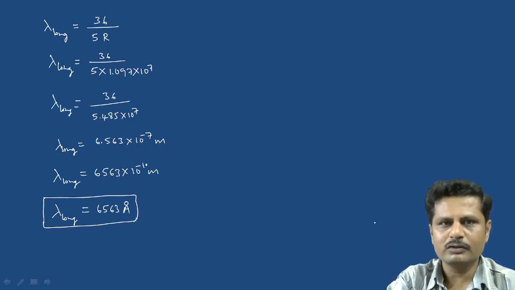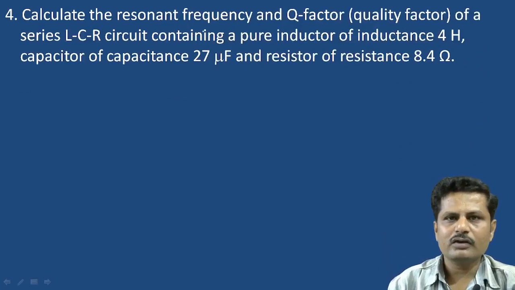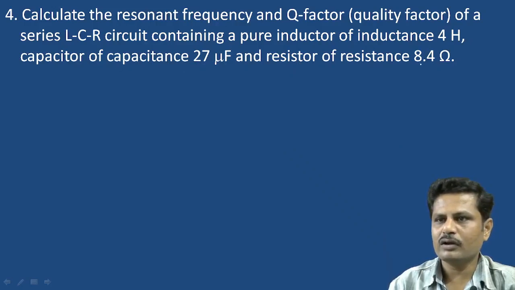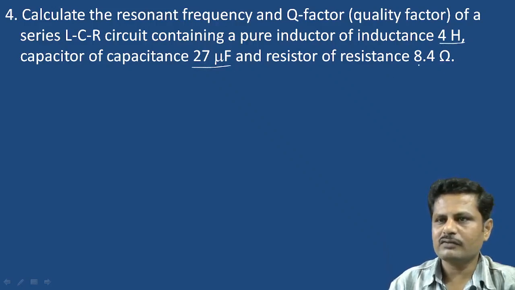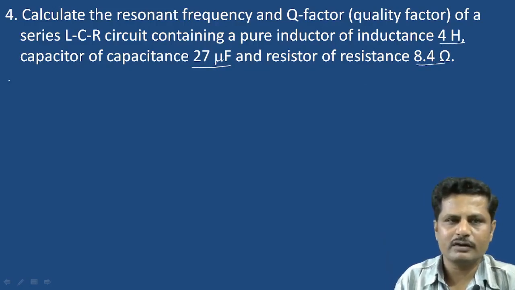Let me move to the next question: calculate the resonant frequency and Q factor of a series LCR circuit containing a pure inductor of inductance 4 Henry, a capacitor of capacitance 27 microfarad and a resistor of resistance 8.4 ohm. So we need to calculate the resonant frequency and quality factor.